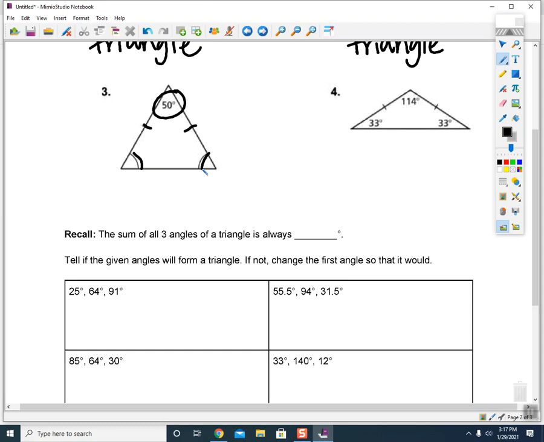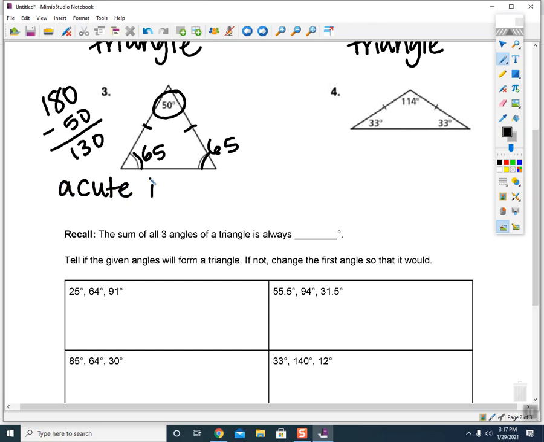I know that the total of all of these angles is 180. So if I wanted to figure out what each angle was, I'm going to take 180 minus 50. It's going to give me 130. I'm going to split those into 2, which means that each of these angles is 65 degrees. So not only is it an isosceles triangle, we are also dealing with an acute triangle. So this is going to be an acute isosceles triangle.